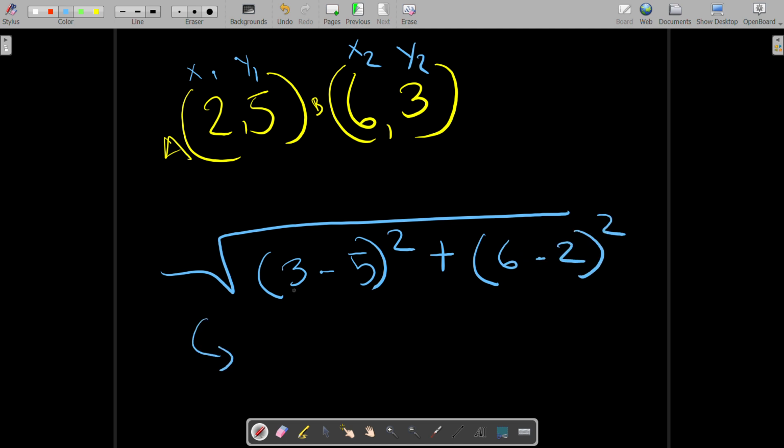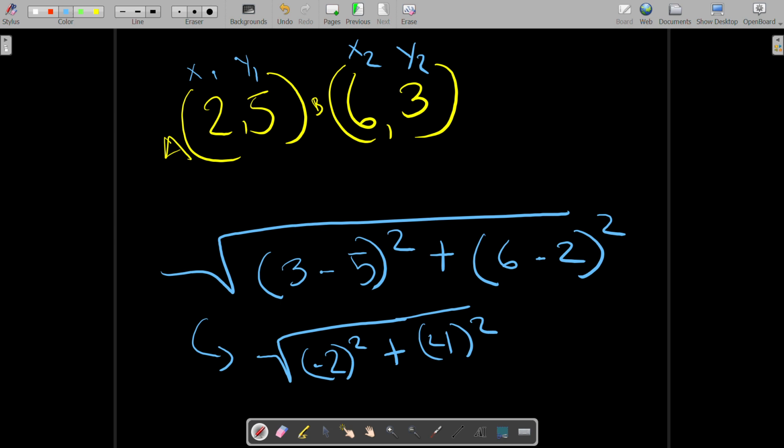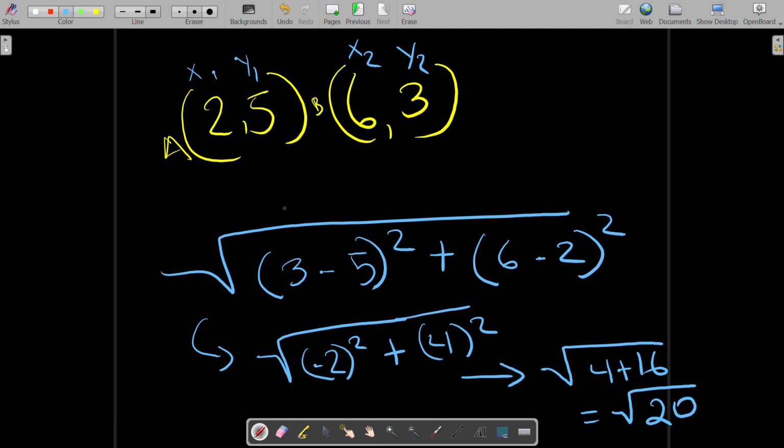Simplify this, we get 3 minus 5, which is negative 2, and then that squared, plus 6 minus 2, which is 4, and then that squared. If we simplify this further, we get the square root of 4 plus 16, which is the square root of 20.